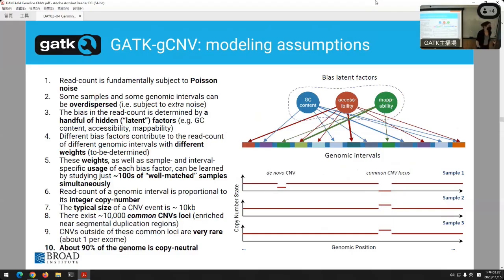We're not going to find common copy number variation in most of the genome. That corresponds to this de novo CNV over here. We see a heterozygous deletion in one sample, but no copy number variation in the rest of the samples. So that's not in a common CNV region.